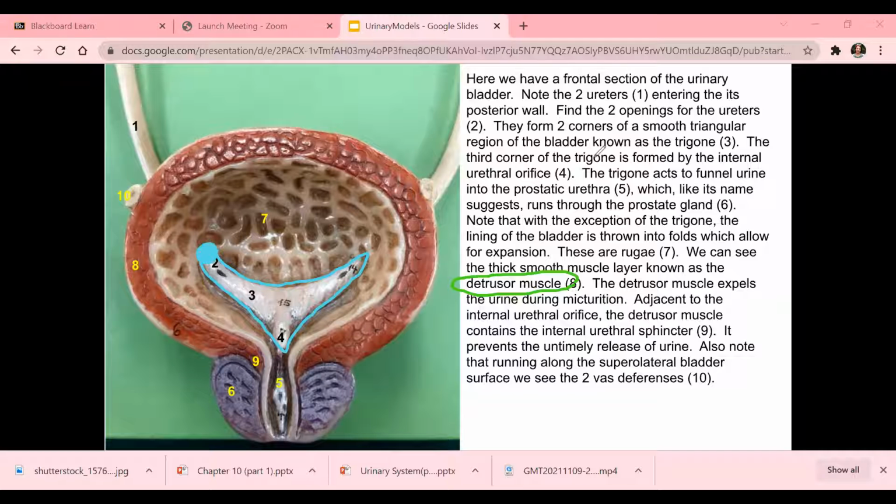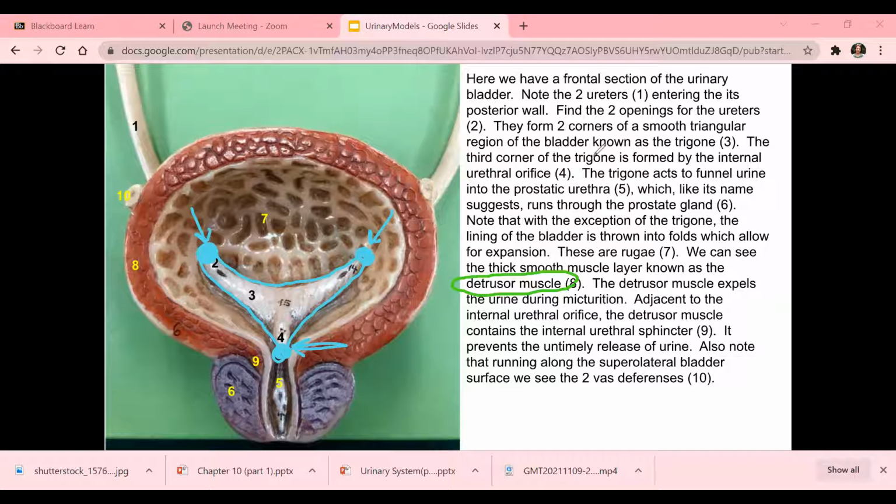Number 2, the other one is on the other side, and the other one is located inferior. The 2 which are located on top are the opening of the ureters into the bladder, and the one which is below than the others are the opening of bladder to urethra. In this trigone, we don't have any folds.